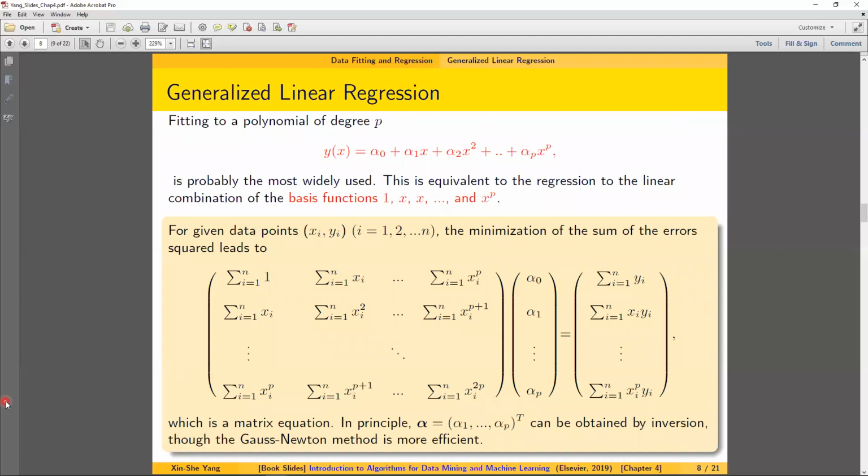Let's think about something called generalized linear regression. We're trying to fit a polynomial of degree p, and it's the most widely used generalized linear regression model. So this is equivalent to the regression to the linear combination of the basis functions of 1, x, x squared, etc., all the way to x to the p.